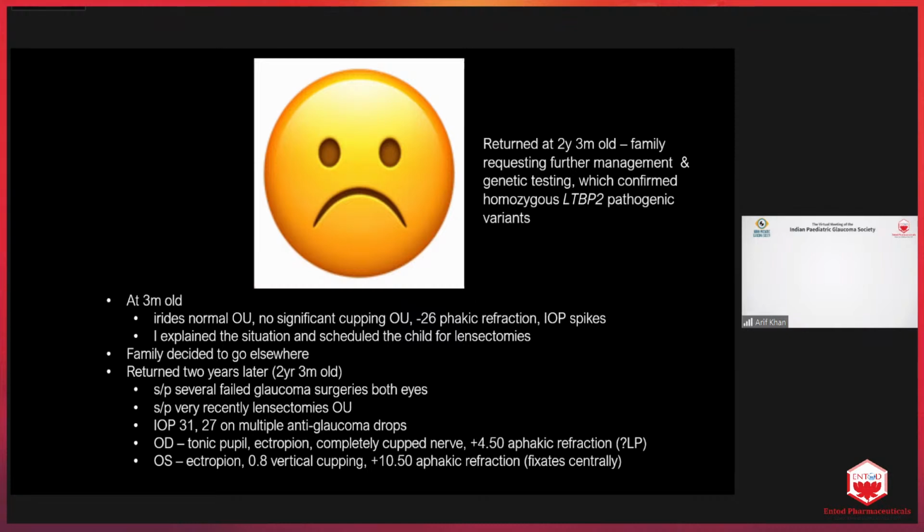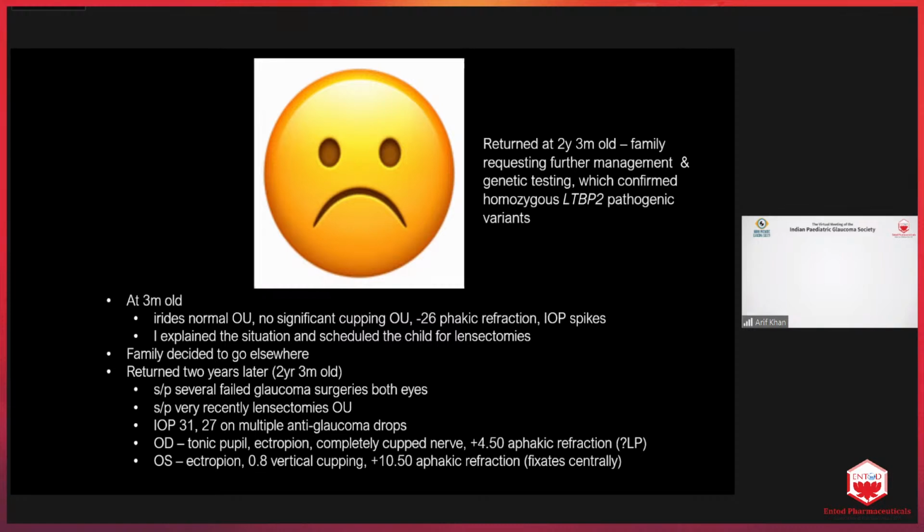The family came back to me actually 2 years later in a very bad state. When I had seen him at 3 months old, there was no optic nerve cupping. The optic nerves were healthy, but in the 2-year interim related to these multiple surgeries, the child had severe cupping, severe loss of nerve fiber layer, and almost no vision.